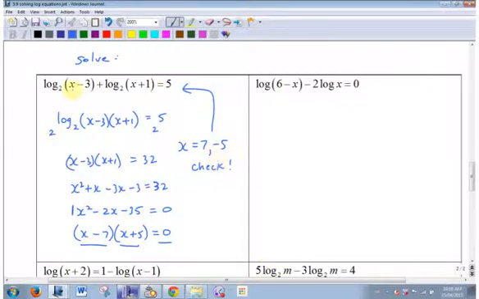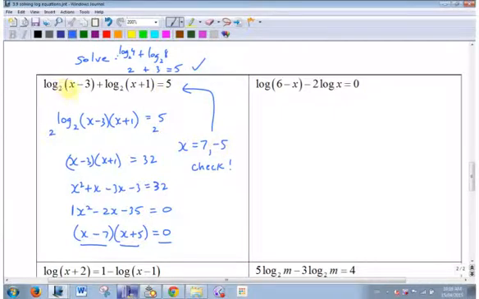Yeah, because if I put 7 in here, I got 7 minus 3, log 2 of 4. It's probably all right. If I put 7 in here, log 2 of 8, hey, I know what that is. Does it work? Log of, what was that again? 4? What's this? What's that? Does it work?